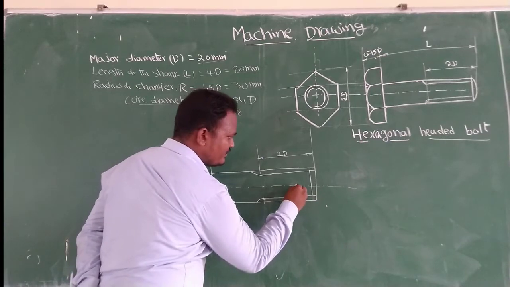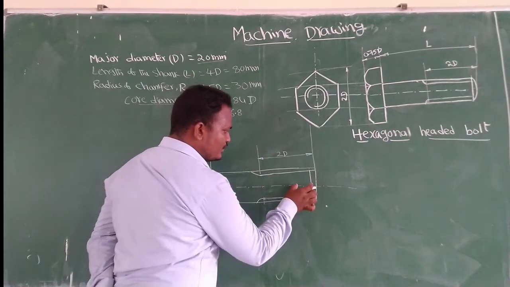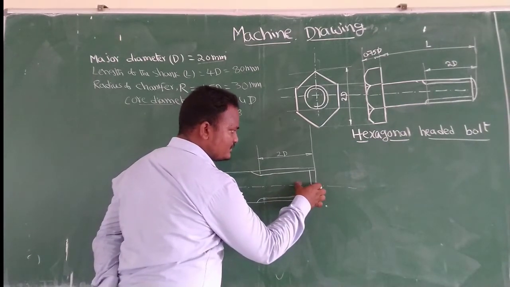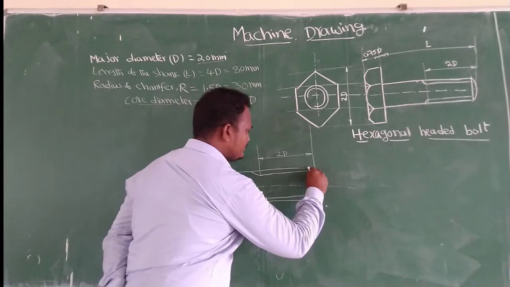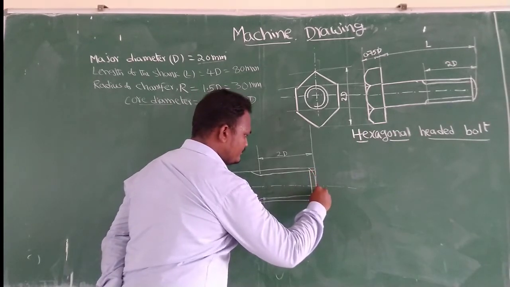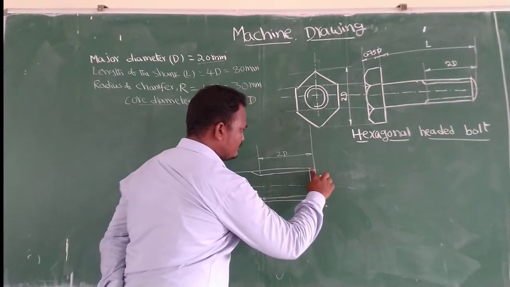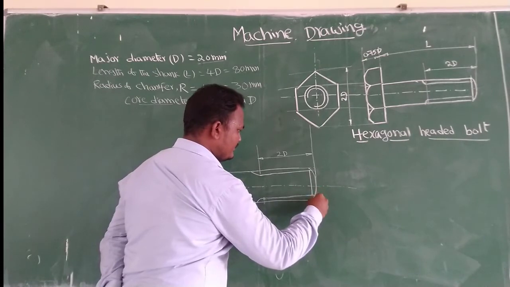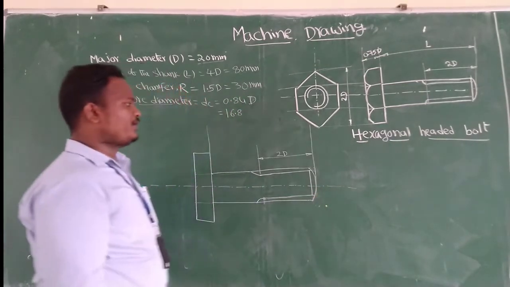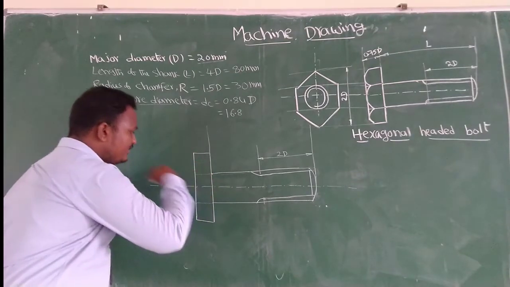Somewhere, by the trial and error method, take this distance here to cut an arc like this. So you will get the tail.